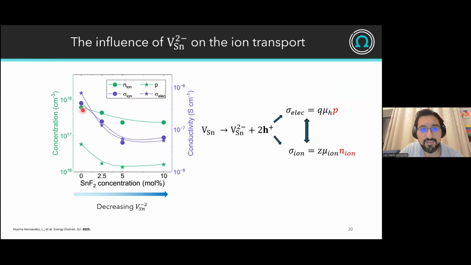What we observe is that the ionic and electronic conductivity are modulated by the concentration of tin fluoride, but also the mobile ions and the carriers are modulated by the tin vacancies. So with this, we kind of prove that all of these variables, the mobile ion density, the carrier concentration, and the vacancies in your system, are related to each other.